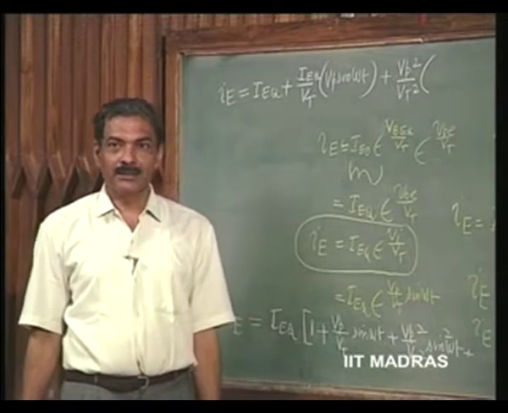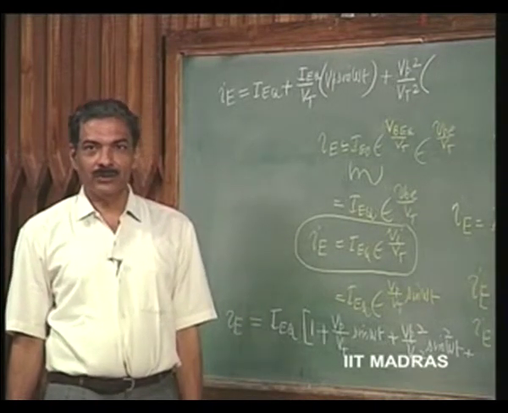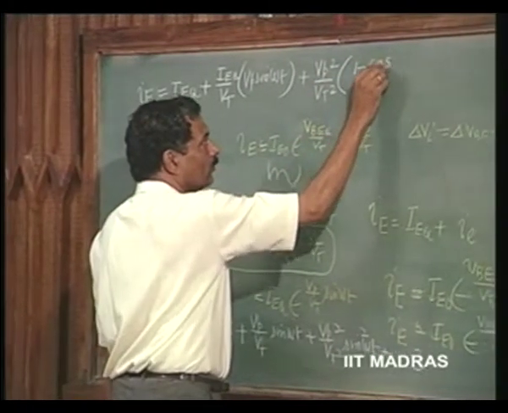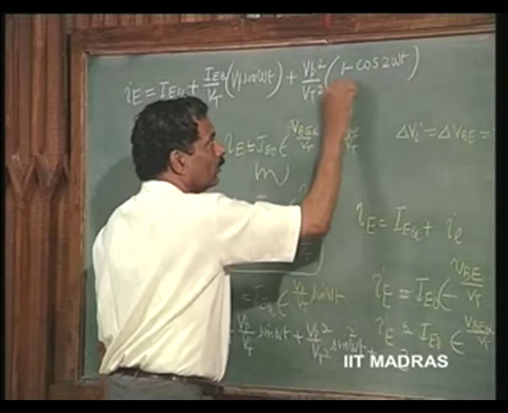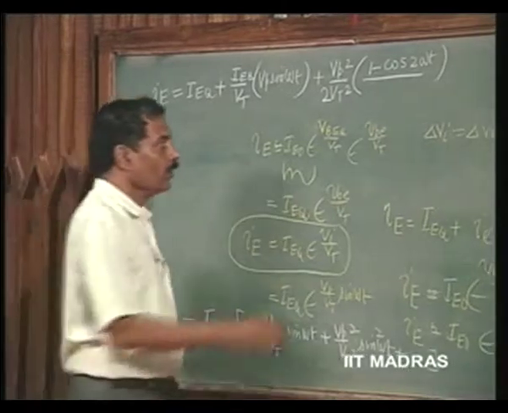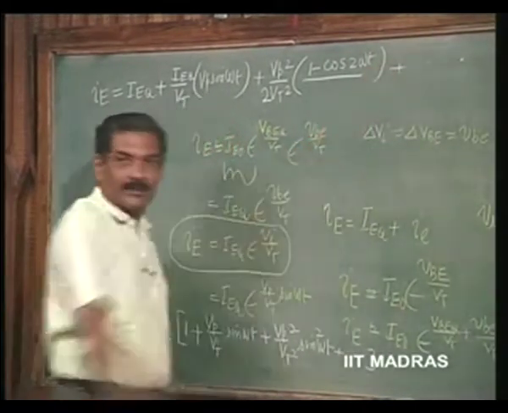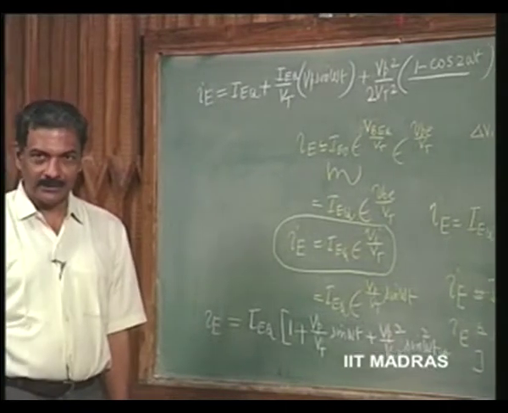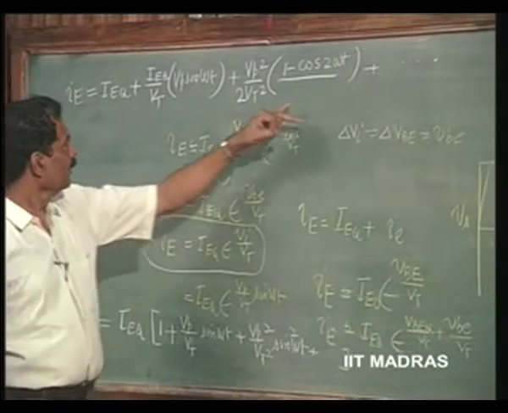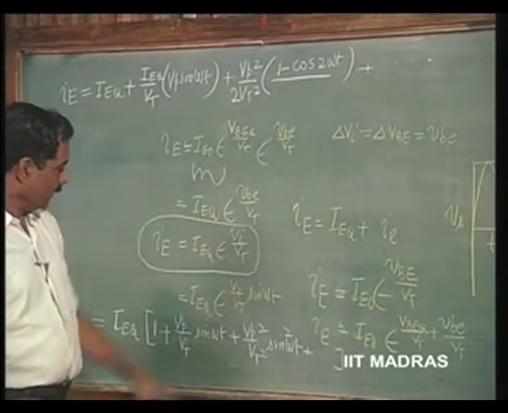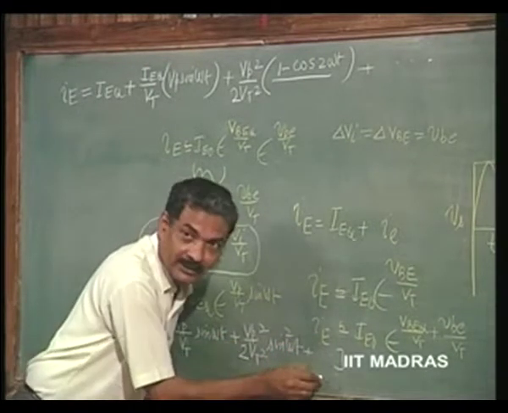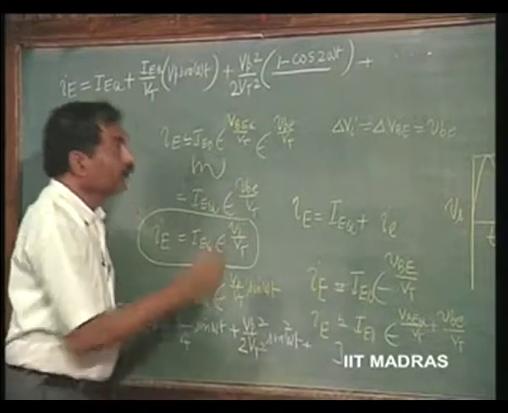The other part is Vp squared by Vt squared into sin squared omega t, which can be expanded as 1 minus cos 2 omega t by 2. So, ignoring the other higher harmonic factors, right, because there will be factorial 2 here, and x cubed by factorial 3, which is 6, and so on. So, that will be reducing.